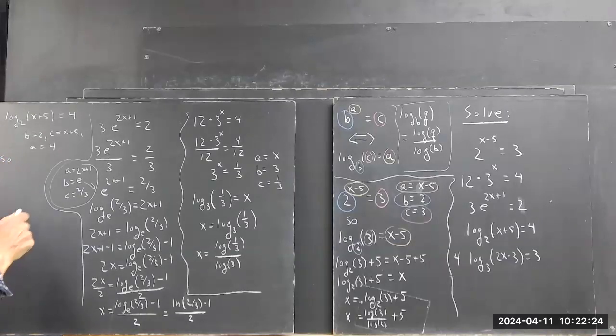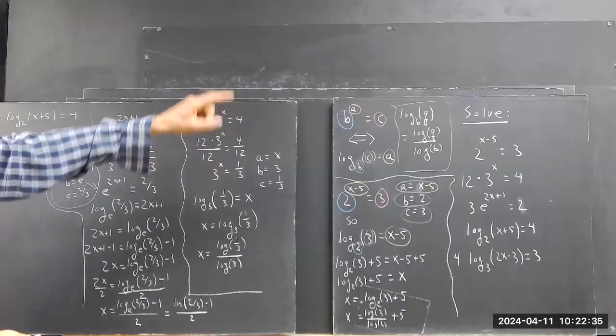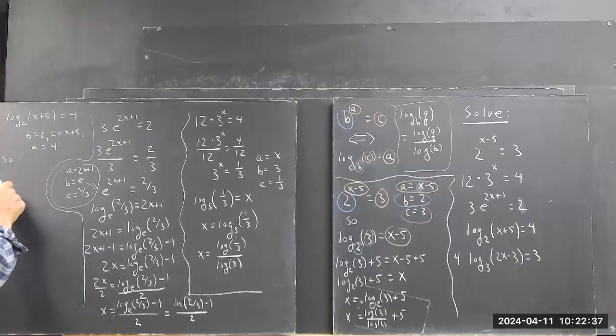So what do we have? We have B to the A equals C. B is 2. A is 4. C is x plus 5.